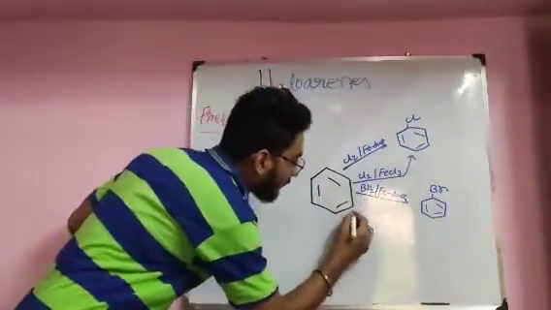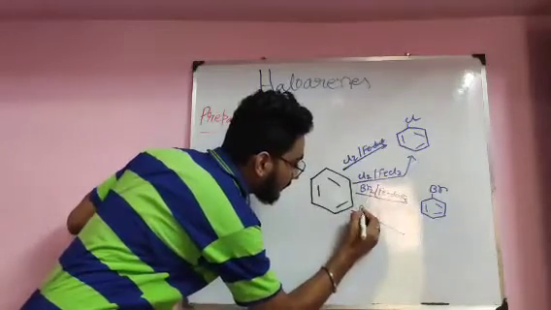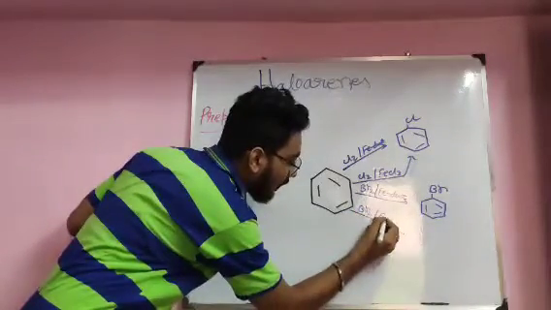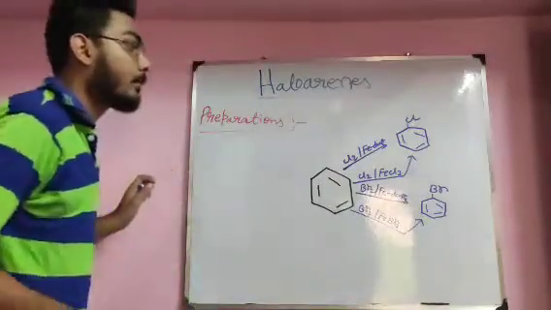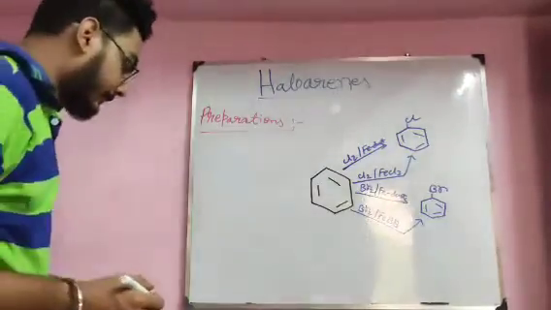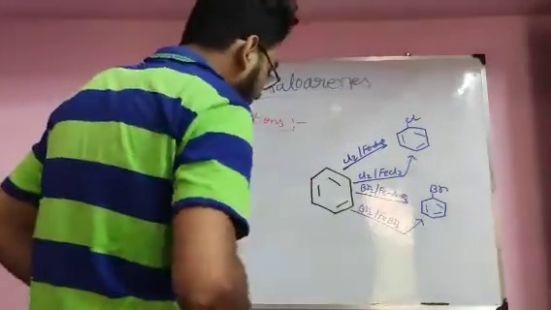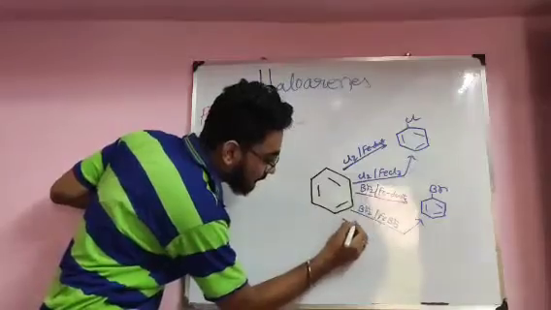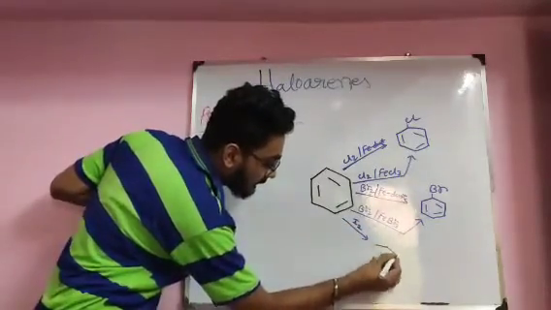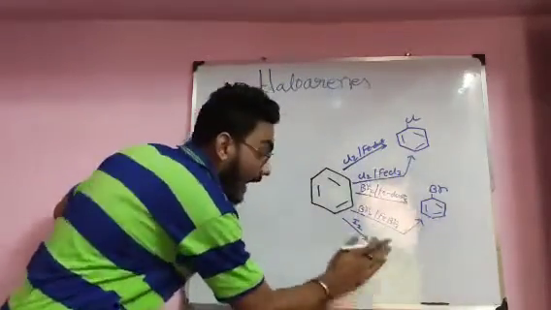If we give Br2 and FeBr3, then the product will also be bromobenzene. If we give I2, then the product will be iodobenzene.